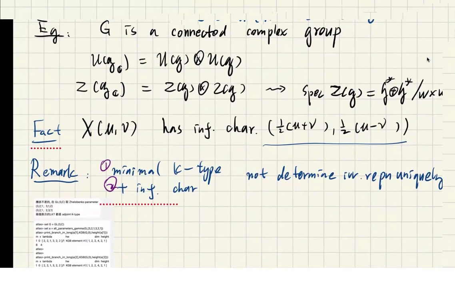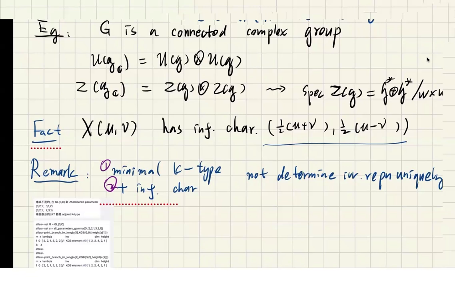In nice cases, for example, this A_q(lambda), you know the infinitesimal character, you know the minimal K-type, then you know the A_q(lambda). Also for the holomorphic discrete series, which is even extreme, you know the minimal K-type, you know the infinitesimal character, you can determine the representation. But in general, it's not the case.